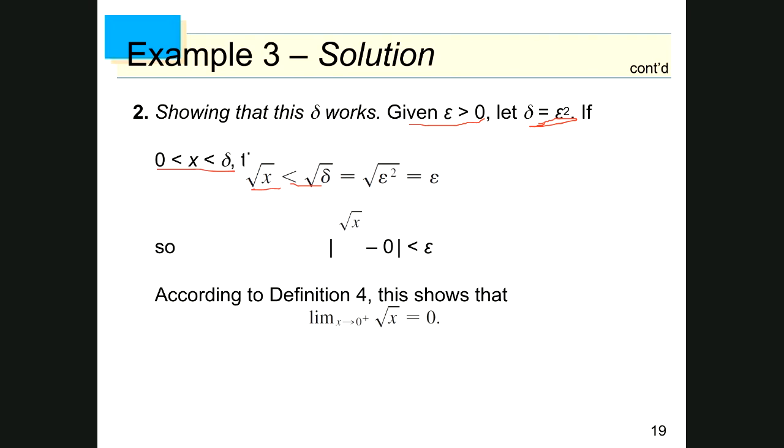If you remember well, we had x less than delta. So if you look at this relationship here, x is less than delta. Therefore, if the function is root of x, it's also less than root of delta. All right? Why do I need root of delta? Because if I substitute what the delta is, which is just epsilon squared, I have square root of epsilon squared equals epsilon.